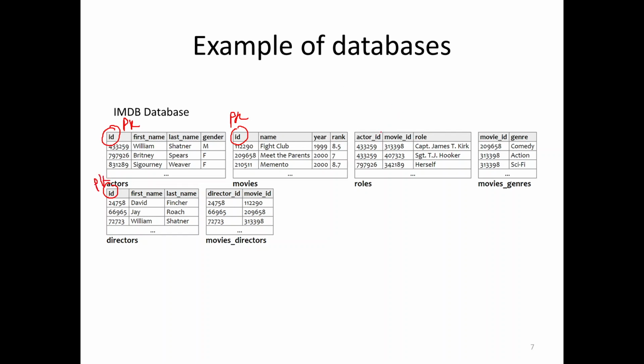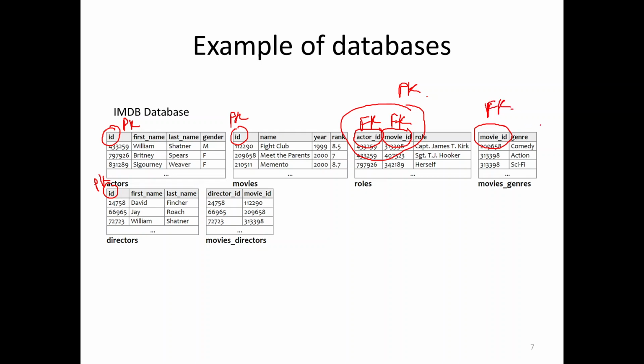And this is coming from the actors table, so it is a foreign key. This is a foreign key, and its combination is a primary key, right? So we can look at movie genres. The genre, and this is a foreign key.